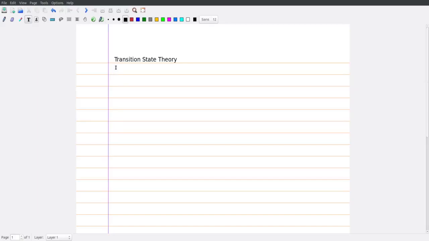So let's take an example. Let's say that you have A reactant combining with B reactant to give you products.